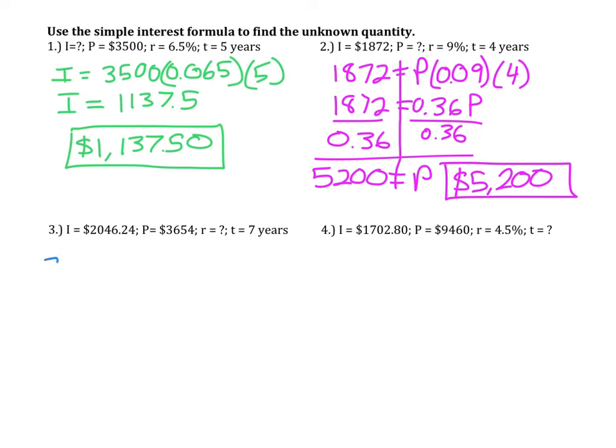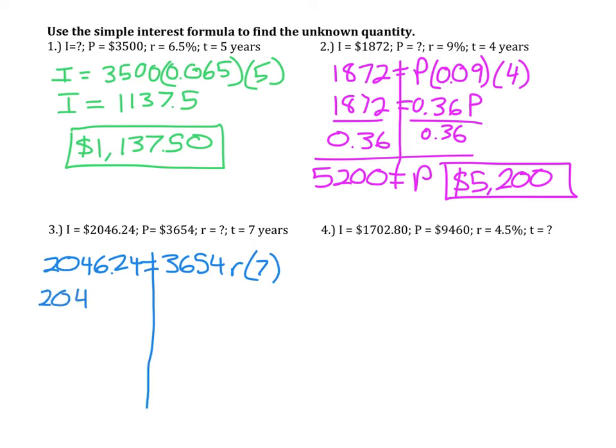We know our interest is $2,046.24. We know our principal is $3,654. We don't know the rate, and we know our time is 7 years. So this is another instance where I'm going to rearrange the right side.